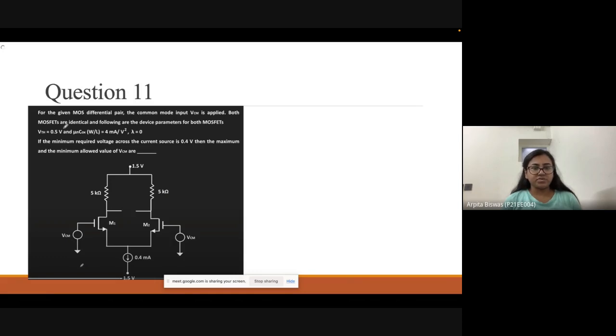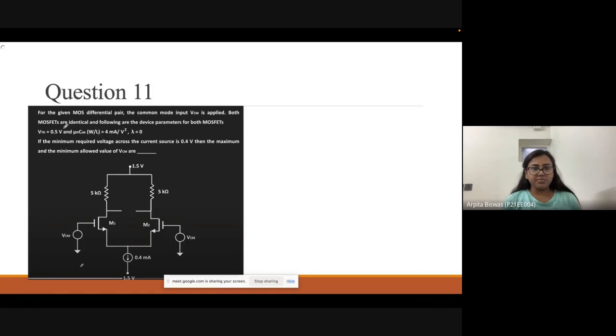For the given MOS differential pair, the common mode input VCM is applied. Both MOSFETs are identical, and the following are the device parameters for both MOSFETs. VTH is 0.5 volt, mu n Cox W by L is 4 milliamps per volt square, and the channel length modulation is 0.